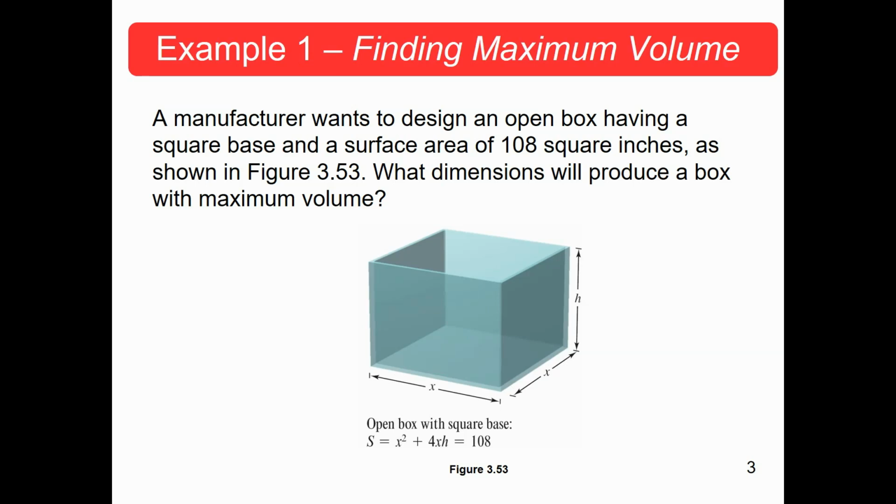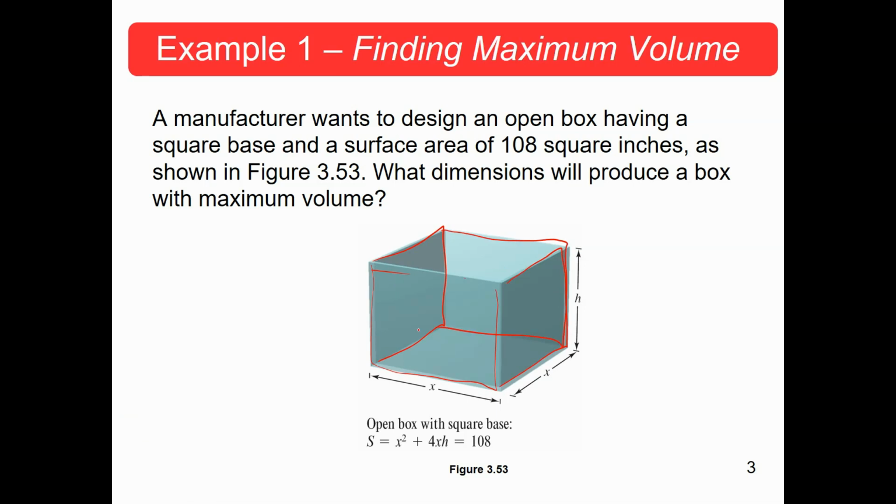Now, the surface area is the total addition of the four sides. So we've got this side, this side, this side, and then the back side.